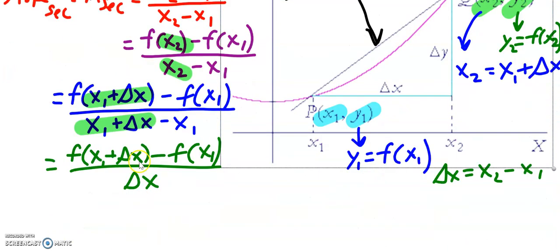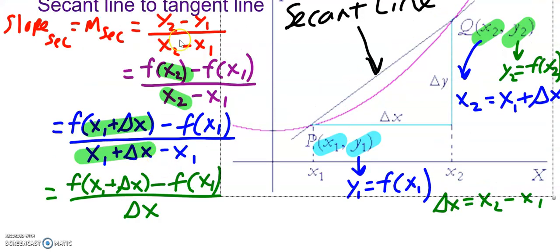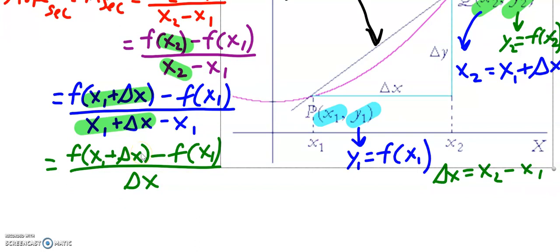Now think about that. What is this? This is something we've seen before. We saw this in pre-calc. This is what we called the difference quotient. Okay, interesting. Nice. So what we want to understand is the difference quotient is just slope of a line between 2 points, right? That's all we did. We just did slope of a line between 2 points and did some substitutions just to rewrite the notation, but it's just the slope of a line between 2 points.